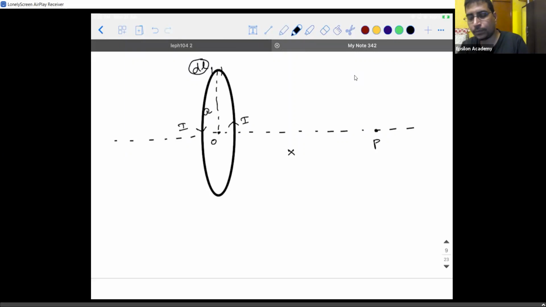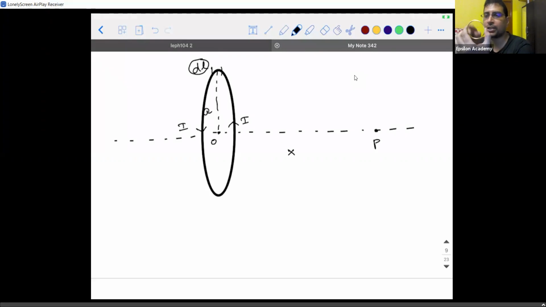Now observe, guys. I told you the current in this direction is anti-clockwise, and in this direction it is upward. If I take a dl here, can you tell me what will be the direction of magnetic field at point P by applying the right hand thumb rule? Look at my finger.